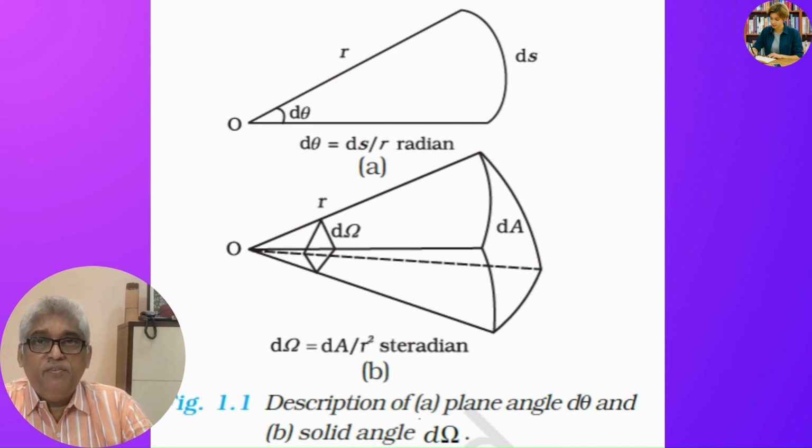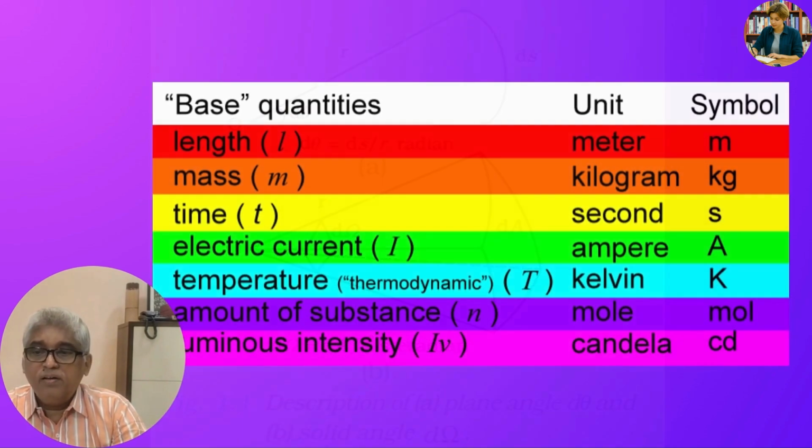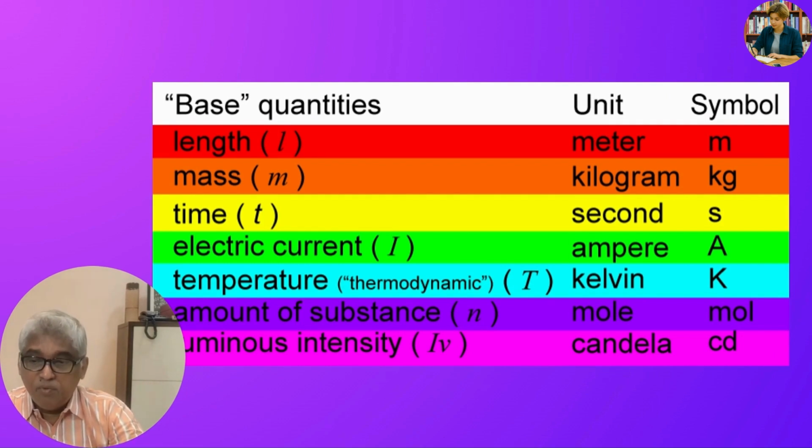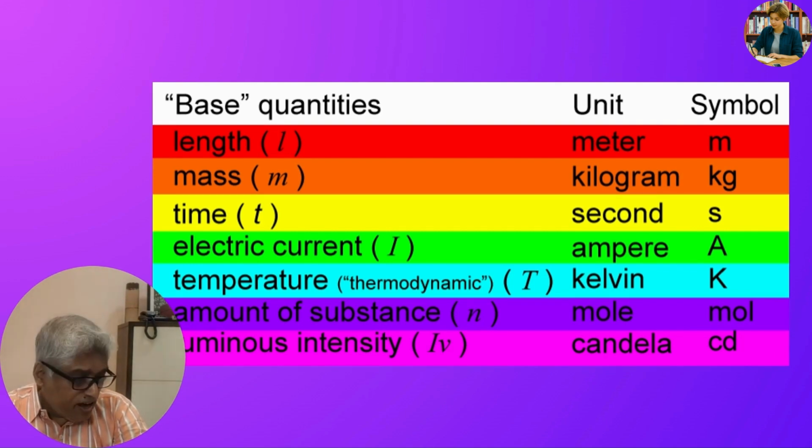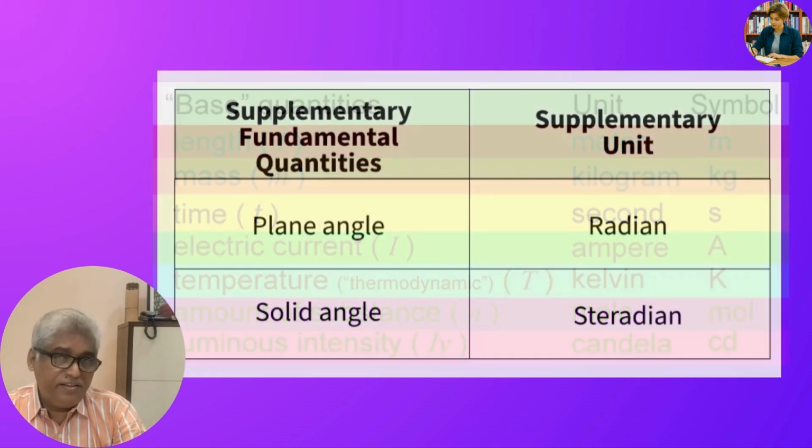Look at this figure where you can see these units. Thus, these 7 units for length, mass, time, electric current, temperature, amount of substance, luminous intensity, and the supplementary units, radian and steradian, are sufficient to describe all physical quantities.